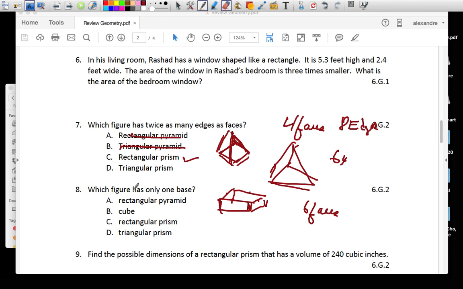Okay. Which figure has only one base? Rectangular pyramid has. Oh, there we go. Rectangular pyramid, because a pyramid has this as your base, right? And it has only one base, and in this case, the base is this, the rectangle. Everything else, the cube, you can rest it on 2 sides in your hand.